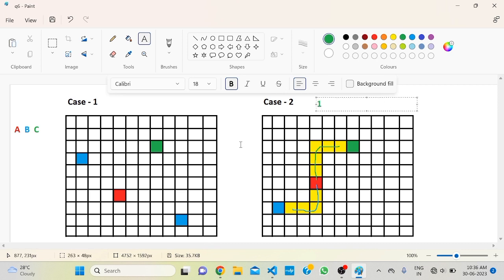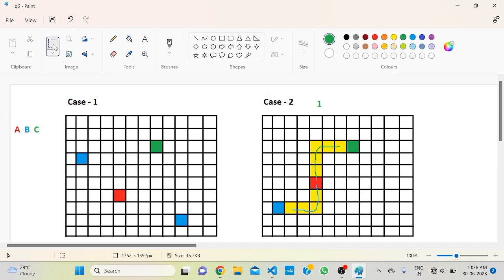But in this case, if both blue and green one are on the same side of the red one, either this or this, how will we calculate? So let's check it. Look, Bob and Carol start from the red one and go like this.